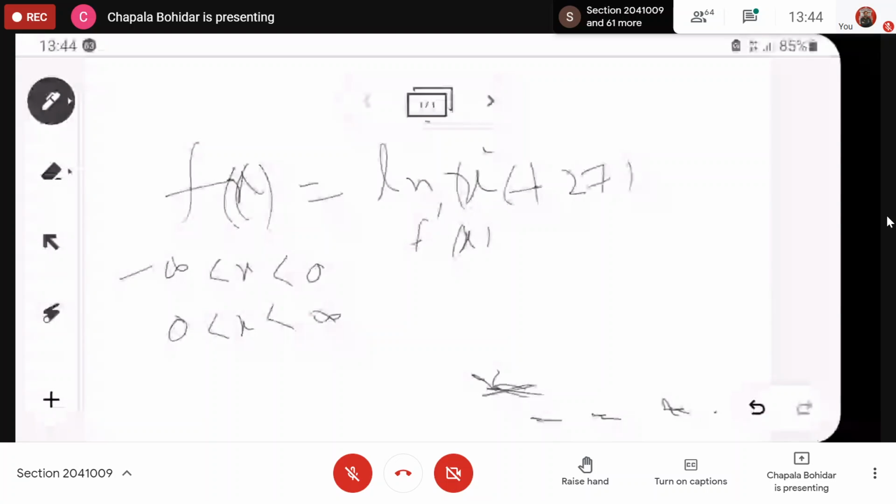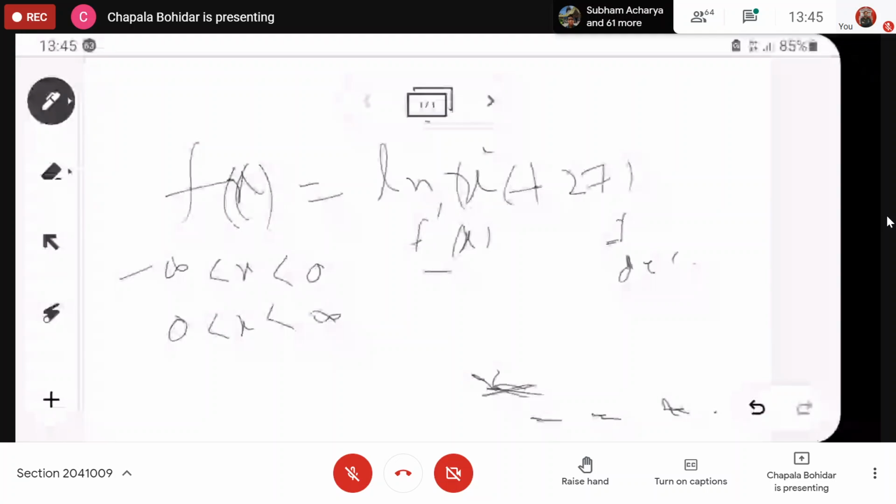Negative. It is negative. So if it is negative, then f is increasing or decreasing? Decreasing, isn't it?